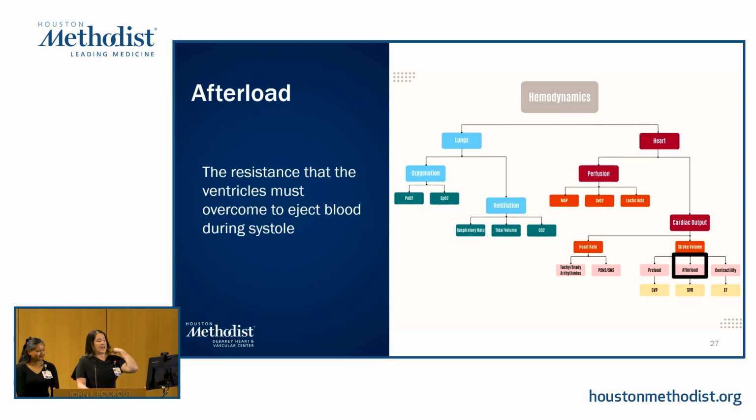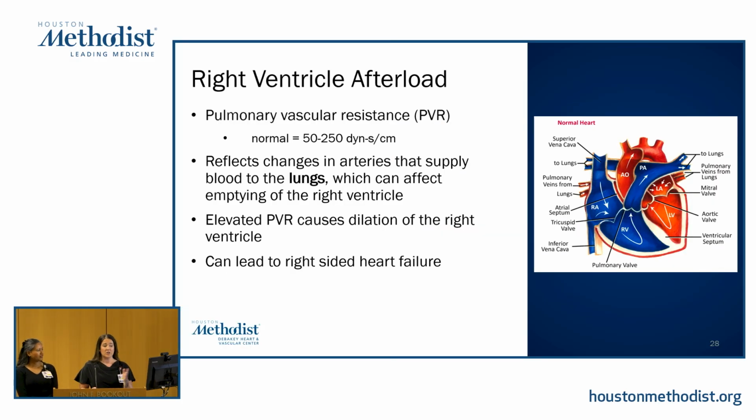Okay, so now we're looking at afterload. So what is that? It's the resistance that the ventricles must overcome to be able to eject blood during systole. When we're looking at it, again, back to our picture, we're looking at a right side versus a left side. So if we're looking at right ventricle afterload, we are looking at your pulmonary vascular resistance.